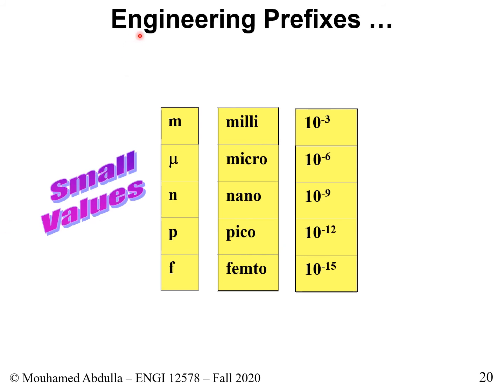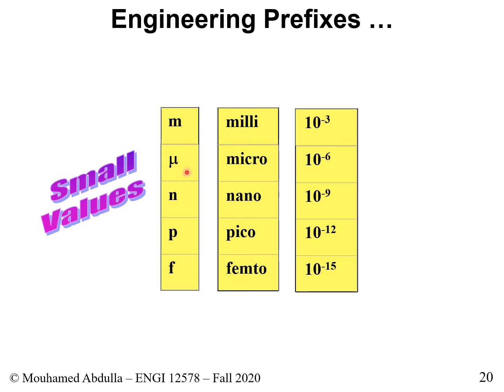In a similar way, if we look at engineering prefixes for smaller values, in other words, values that are less than 1, you will probably see milli. Maybe 3 millimeters. What does 3 millimeters mean? It's really 3 times 10 to the minus 3 meters. So this is what milli stands for.